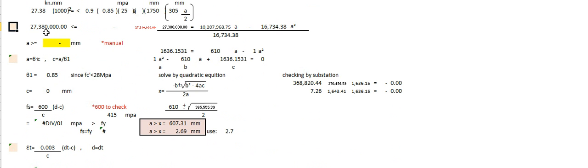Ultimate moment is 27.38 times 1000 squared to convert to kilonewton millimeter, equal to or less than 0.9 times 0.85 times 25 times A times 1750 times 305 minus A over 2. So to calculate A using the quadratic equation, A is equal to 2.7.